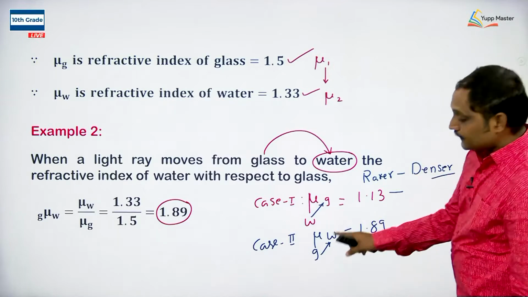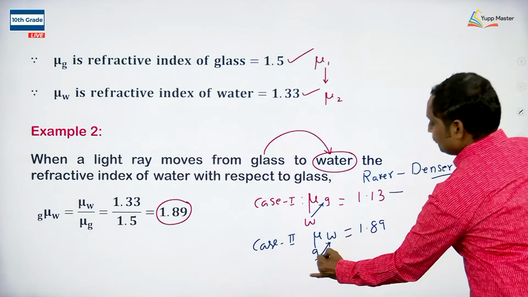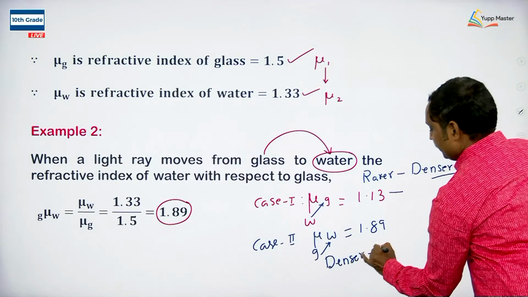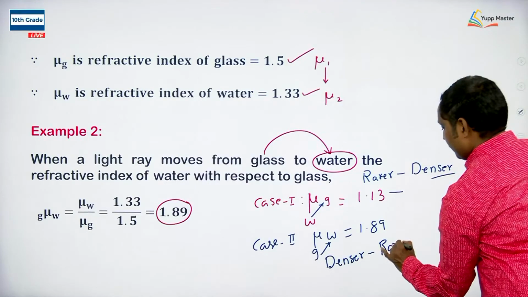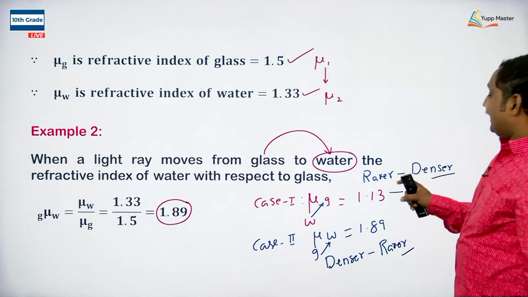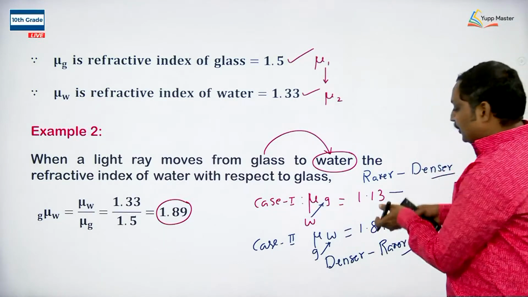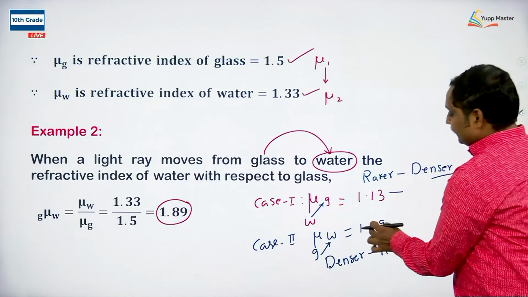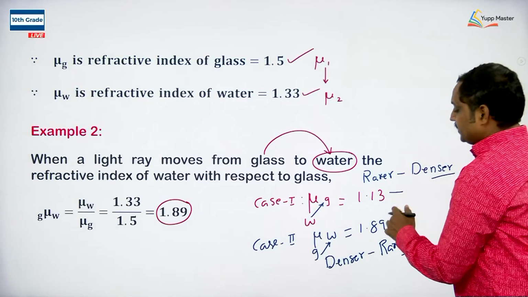Here, glass to water, light enters from denser to rarer. The relative refractive index is going to increase. In the first case, it is 1.13. In the second case, 1.89.